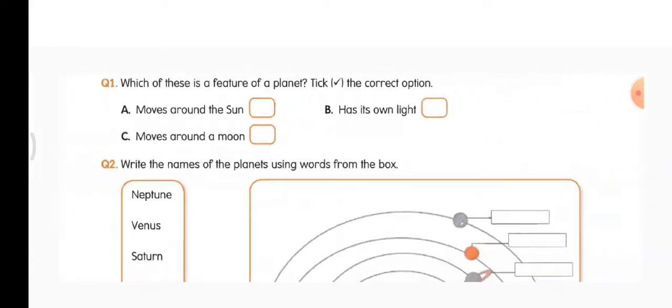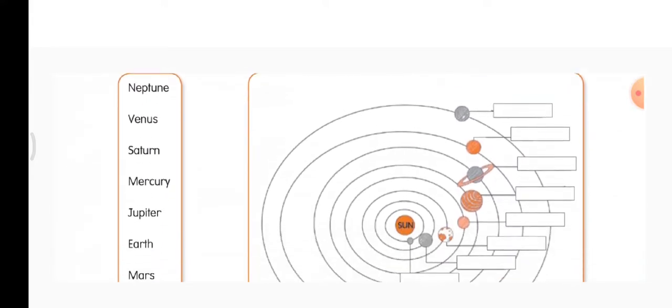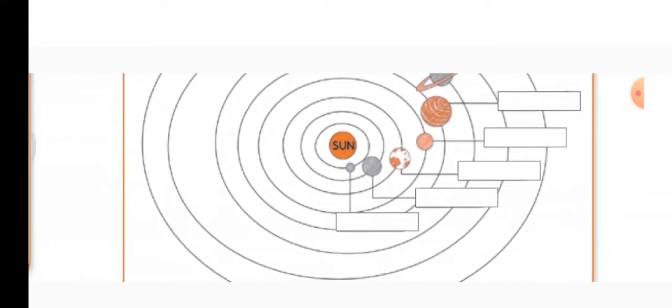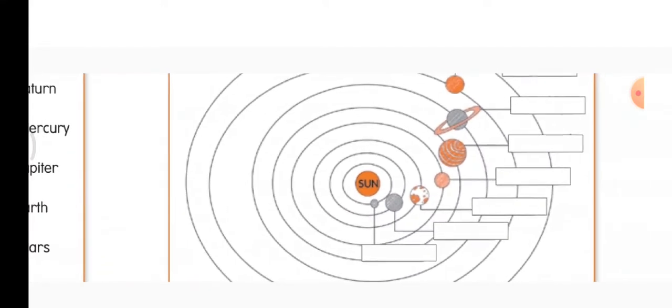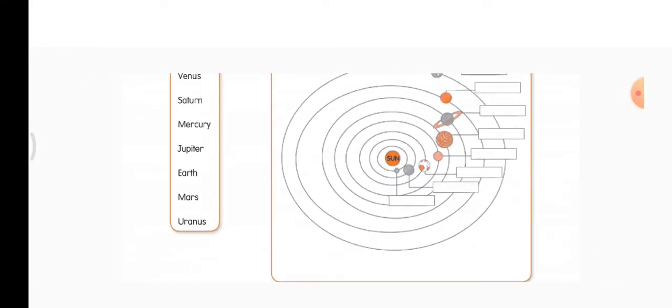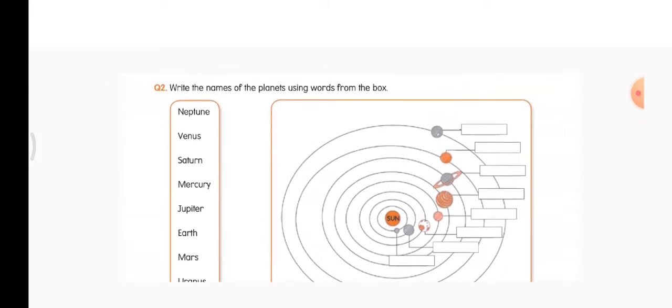Right? Second question. Write the names of the planets using the words from the box. Here they gave you a picture. You have to write the names of the planets in order of the distance from the sun. At the left you have a help box where all the spellings of the planets are given.